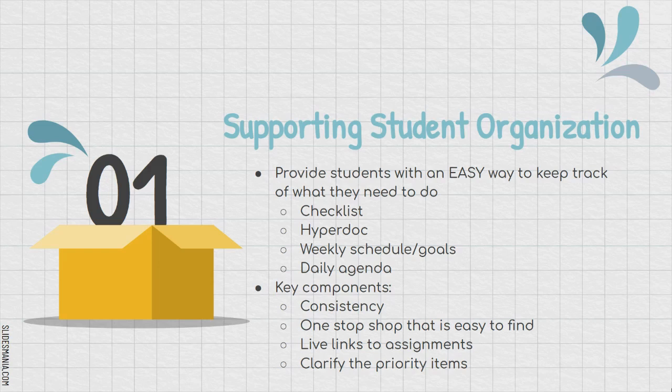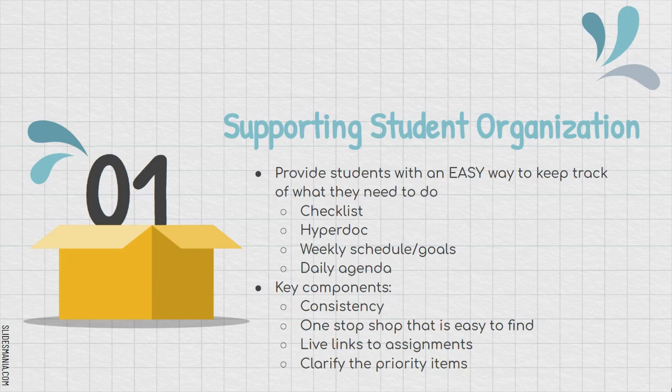And finally, and I know we hesitate to do this, but clarify the priority items by color coding or ranking them in order. But identify for students what is most important for you to complete, and what are the things that, if you really don't have time, you can set aside.